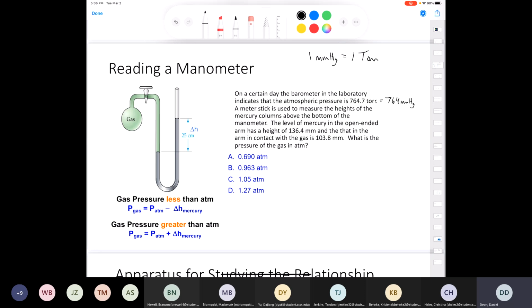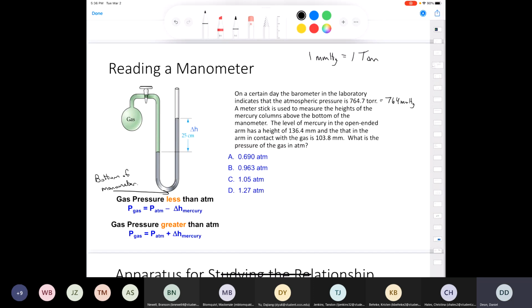A meter stick is used to measure the heights of the mercury columns above the bottom of the manometer. So this part right here, this is the bottom of the manometer.